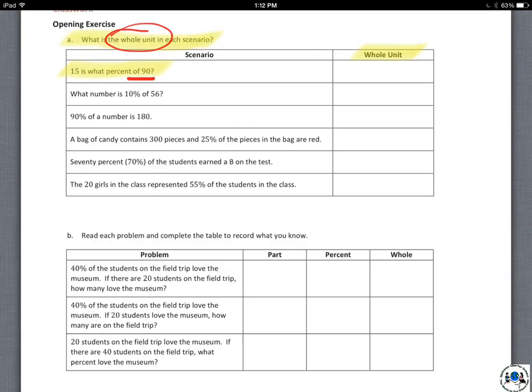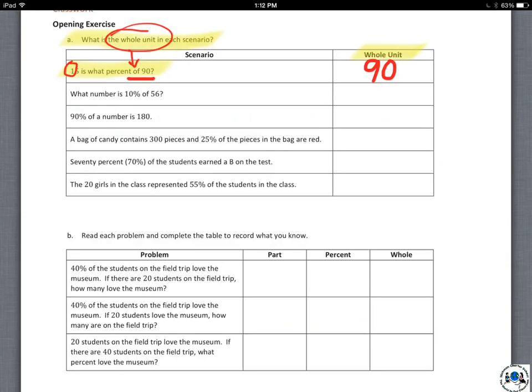Of 90, and I want that word "of" to play a very important part in your identifying of this whole. That word "of" is going to indicate that 90 is your whole. So 15, that's your part.